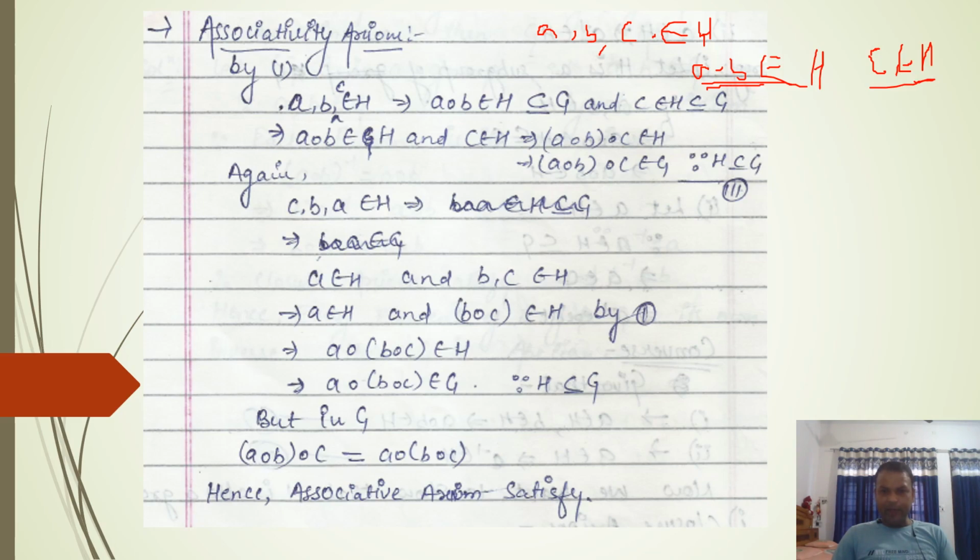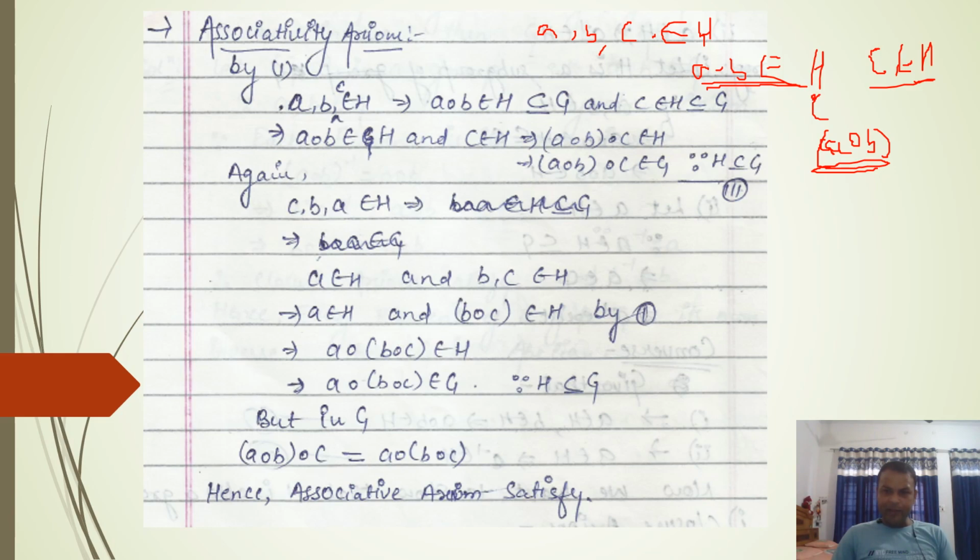If A comma B belongs to H, then by the closure property, which is given by the first property, A of B will also belong to H. This is the closure property. Now it will be considered as a single element, because the composition of A and B will be equal to a new element.